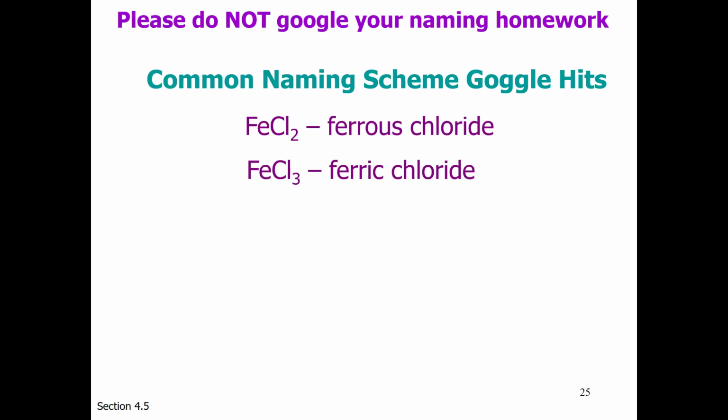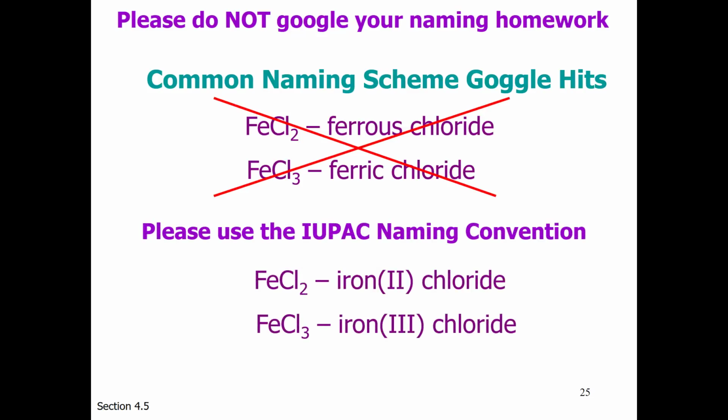Iron with a +3 oxidation state would have an ic ending and be ferric chloride. So I think the IUPAC naming convention is a lot clearer for students. And we would simply call +2 oxidation state iron 2 chloride and +3 oxidation state iron 3 chloride.